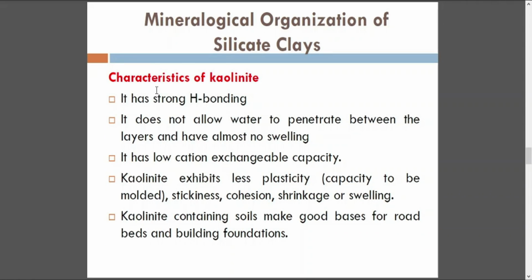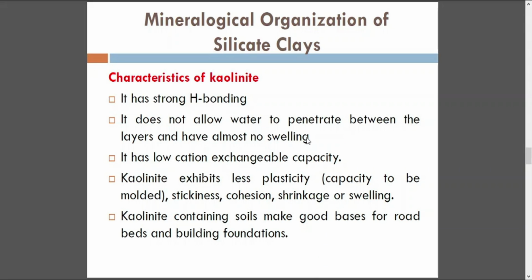So what characterizes kaolinite clays? We see that in kaolinite minerals we have a very strong hydrogen bond, and these minerals don't allow water to penetrate between their layers, so they almost have no swelling taking place.